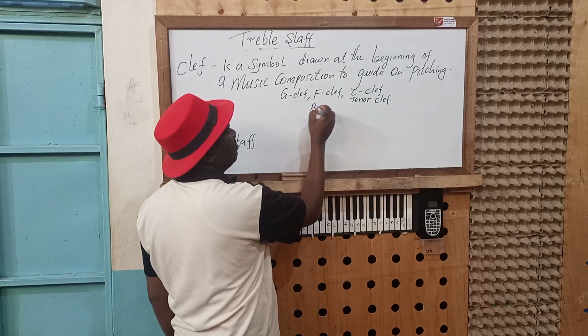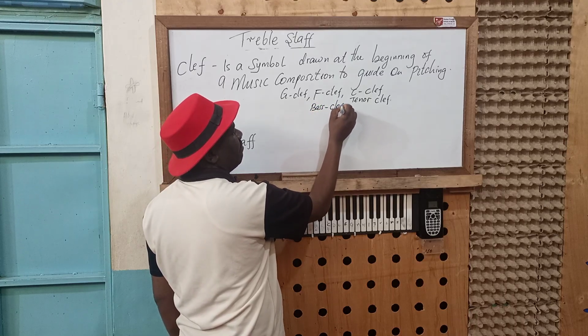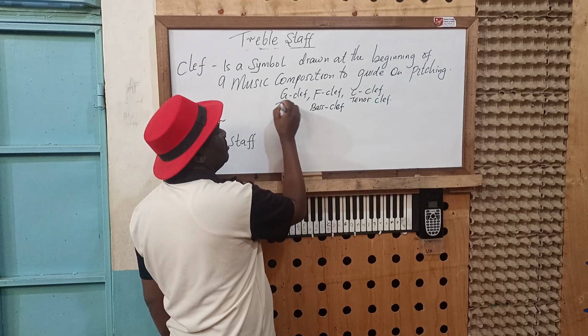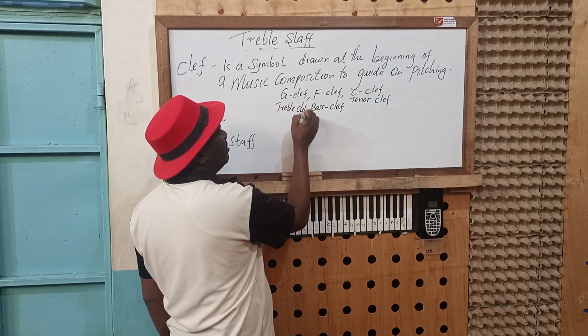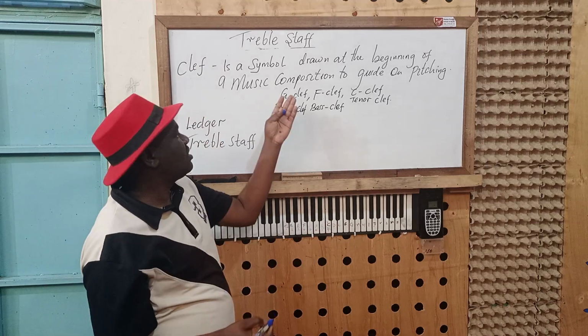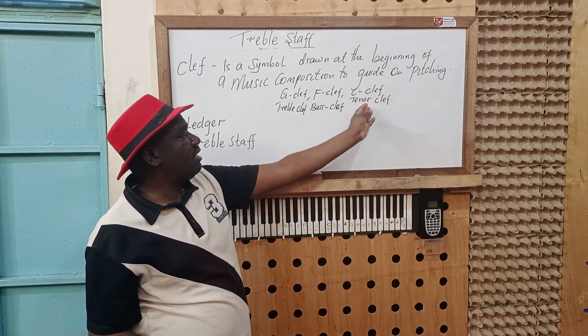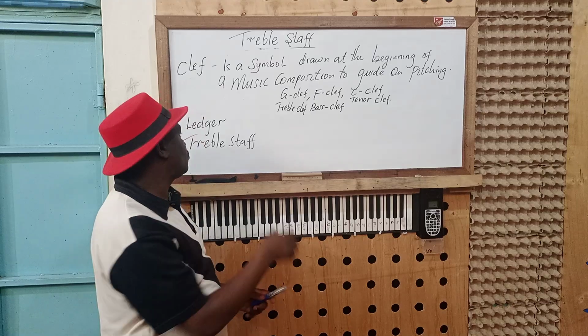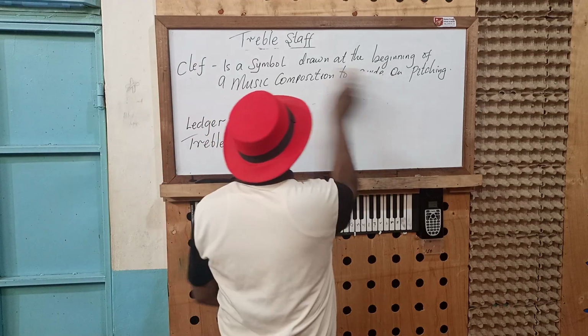This one you can call the bass clef. This one you can call the treble clef. So those are alternative names. The G clef is the treble clef, the F clef is the bass clef, and the C clef is the tenor clef. So those are the clefs.